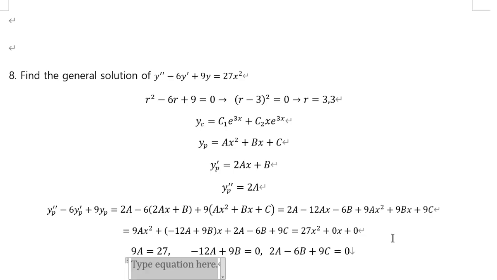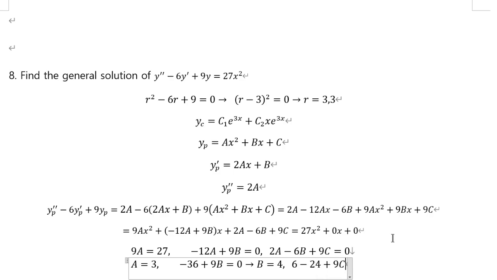And solving one by one, I get a equals to 3, and then plugging that into the second equation, you get negative 36 plus 9b equals to 0, which says that b must equal to 4. And then when you plug in 3 and 4 in here, 2 times 3 is 6. 6 times 4 is 24.